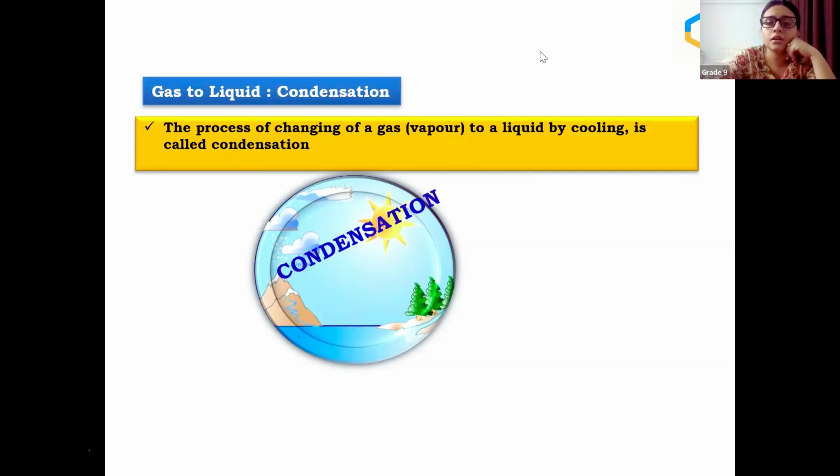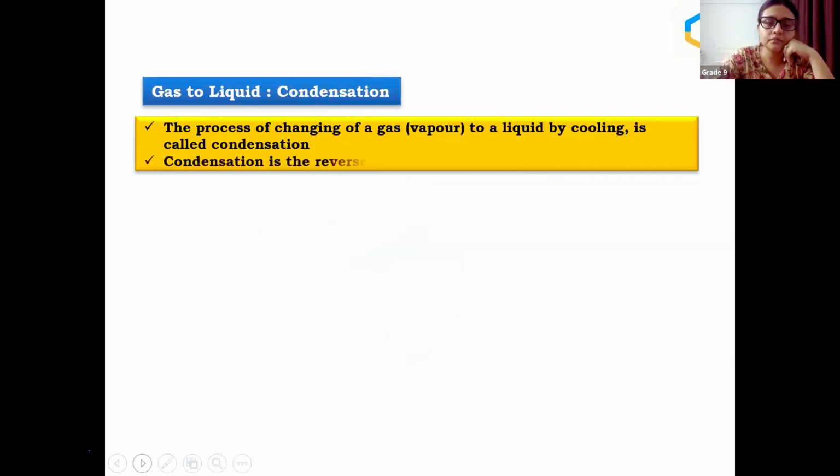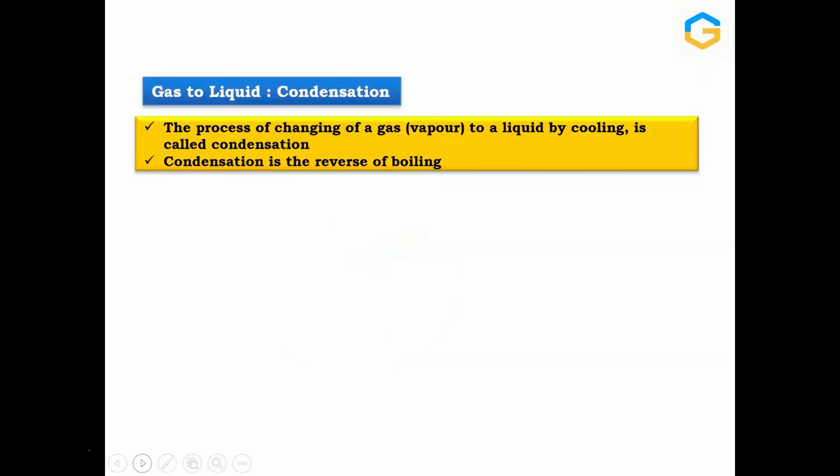Correct. You can write down the definition if you don't have it. Next one: condensation is the reverse of boiling. Are we all agreed with this point? Yes, ma'am.